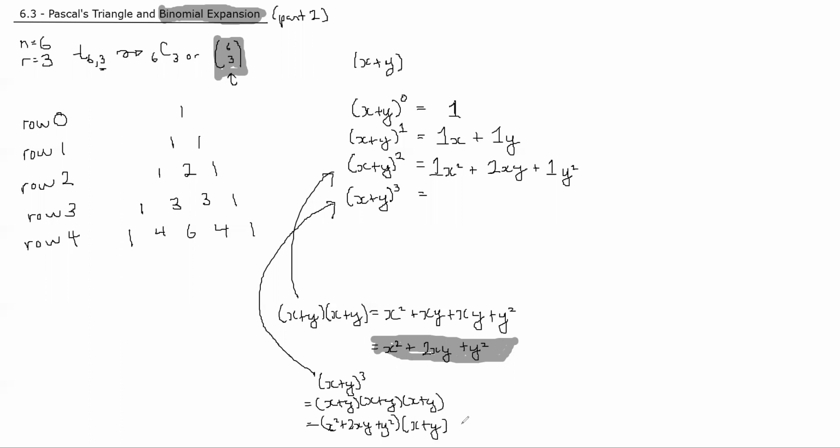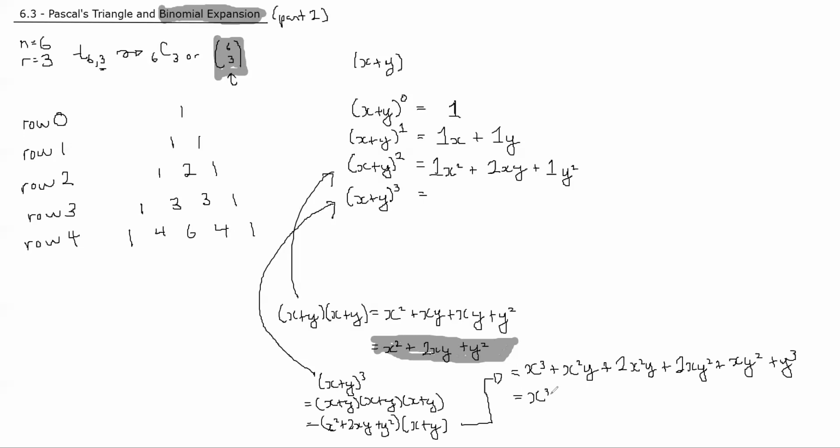Because I am lacking space, I'm going to continue it here. If I multiply this trinomial with this binomial, I will get x cubed plus x squared y plus 2x squared y plus 2xy squared plus xy squared plus y cubed.